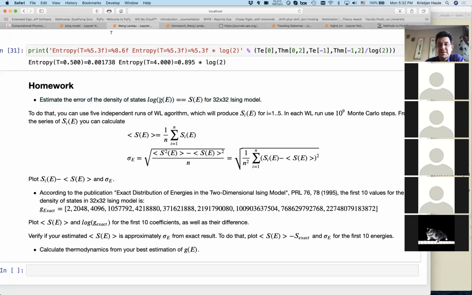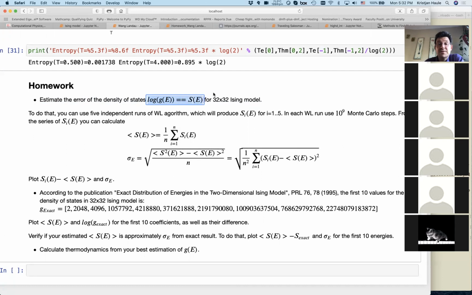Actually, we're not going to estimate the error of g(E), which is the density of states, because we are not really working with the density of states. We're working with the logarithm of the density of states, which in this exercise we're going to call S(E). Actually, I checked the literature, and lots of people call it S(E). It's just the name. But this is the thing that we're calculating now, the logarithm of the density of states.